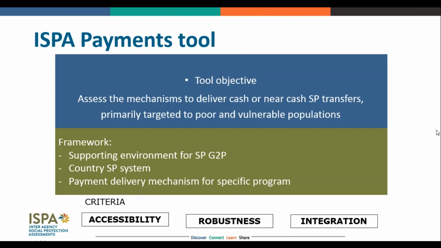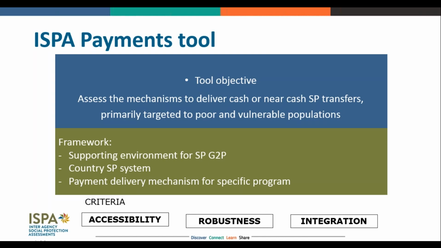That's effectively looking at the environment within a specific country and assessing how supportive it is to innovations within payment delivery mechanisms to deliver social protection transfers. That's covered in pages 33 to 60 in the guidance notes section.